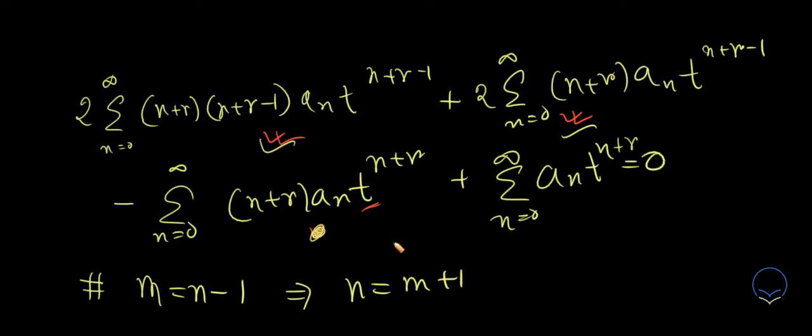And if you modify this term so that instead of t to the power n plus r minus 1, the term comes in the form of t to the power m plus r, and then you replace m with n, now if you do that, the summation won't start from 0 again, like you saw in the past video, that is the previous lecture.